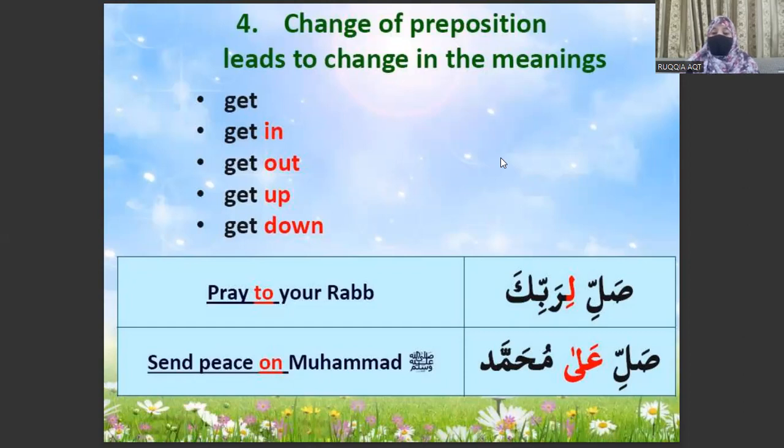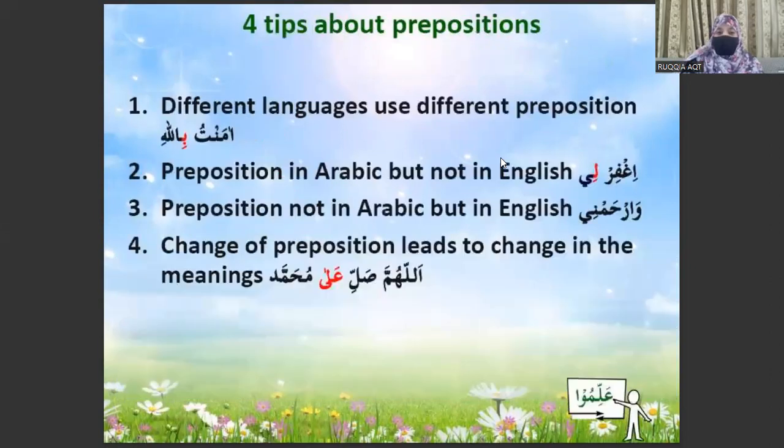But if we change the preposition li and use ala instead, the meaning is totally changed. Salli ala means send peace on. So salli li means pray to, and salli ala means send peace on. So change of preposition leads to a change in the meaning of the words.